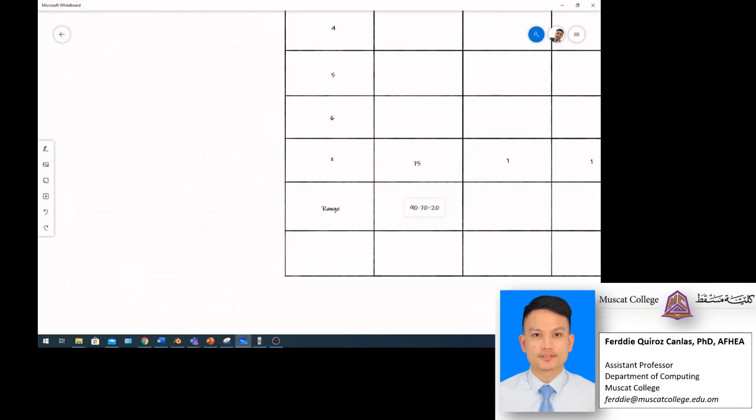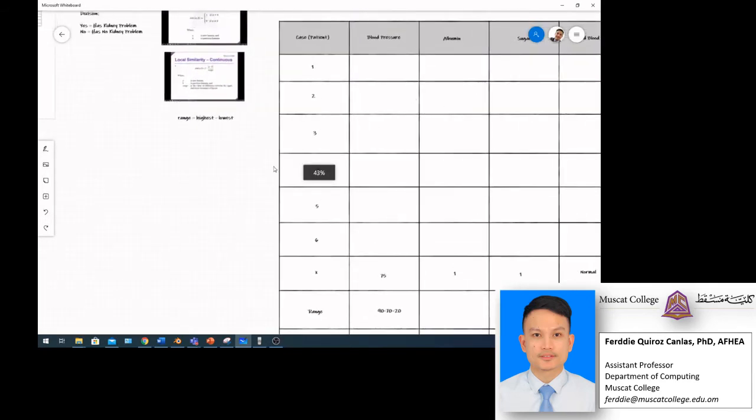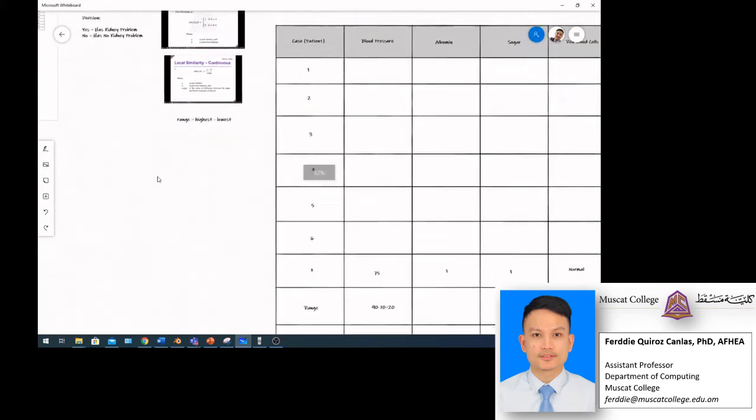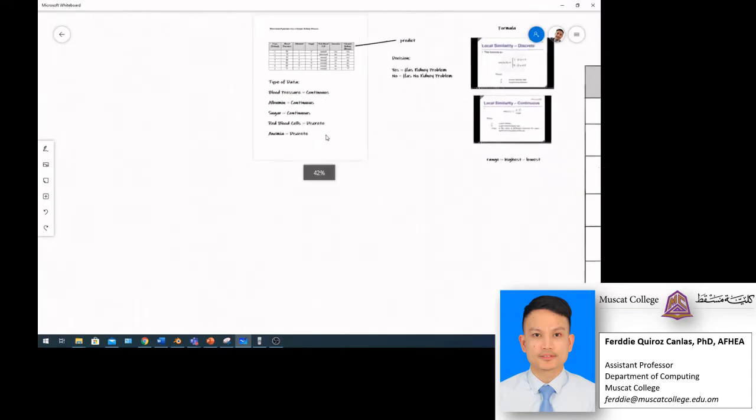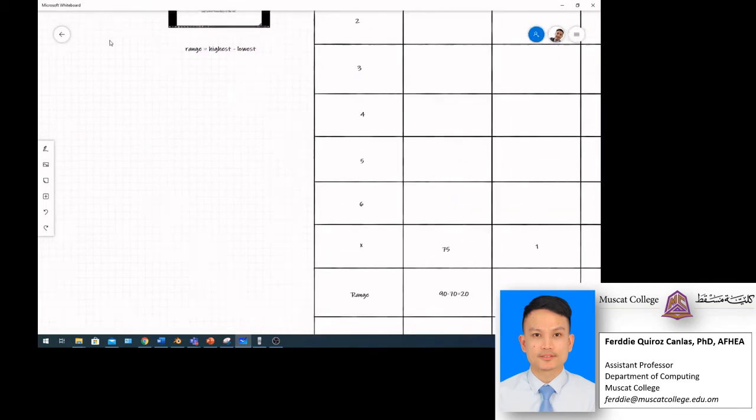Good. Next, for the case of the albumin, since albumin is also continuous, we have to calculate it, right? So it should be 4 minus 0, right? We have to write it in here. 4 minus 0 equals 4, right?